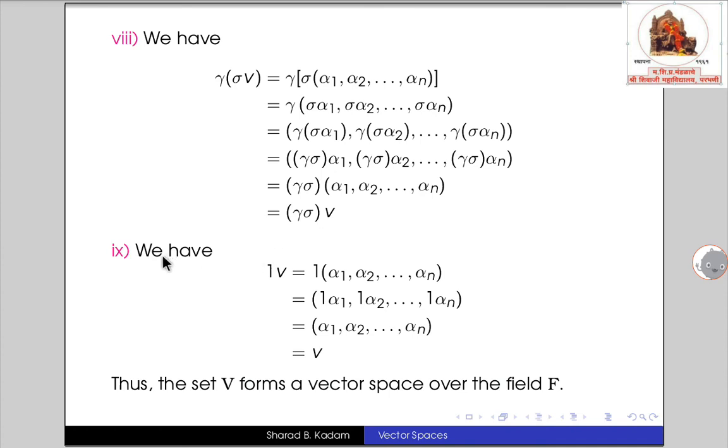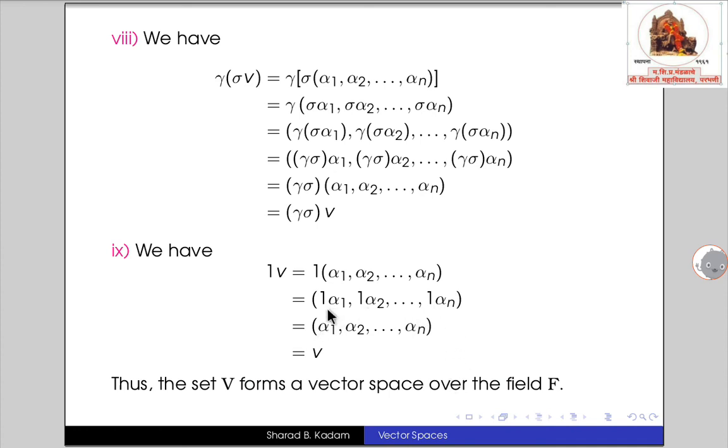Last property, so we have 1 into v. Here 1 is a scalar, v is a vector. So 1 into v, where v is an n-tuple, is 1 into (alpha 1, alpha 2, alpha n). Here 1, alpha 1, alpha 2, alpha n all are scalars. So we multiply every component by 1. So we get 1 into alpha 1, 1 into alpha 2, and the nth component is 1 into alpha n.